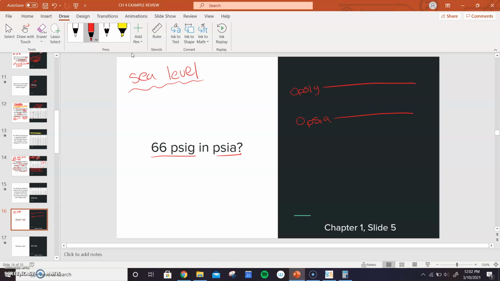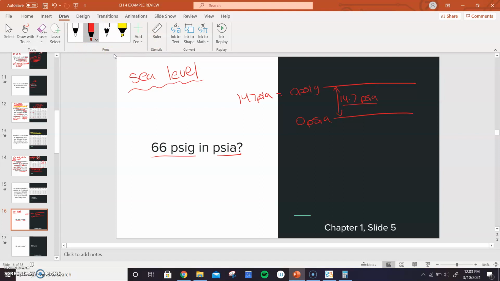And in between, we have 14.7 PSIA, because PSIG zeroes out including the atmospheric pressure, whereas PSIA, absolute, does not already include the atmospheric pressure, which at sea level is 14.7 PSIA. So right here, this would be equal to 14.7 PSIA. I try and draw this out every time just to kind of keep it in your head.